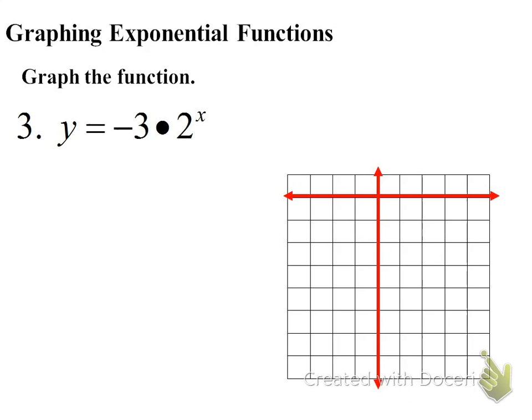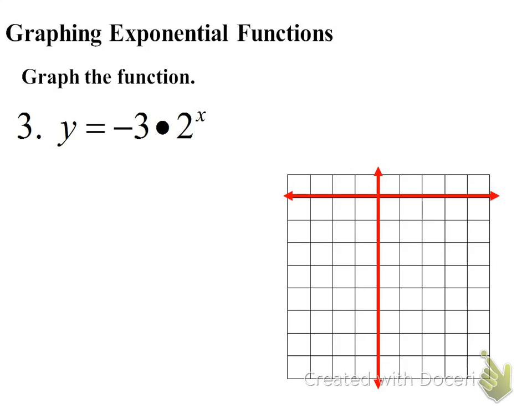All right, here's another one. Do we have an A value here? Yeah. What is it? Negative 3. Negative 3. This one's a little easier to see that we do have an A value and it is negative, so all your outputs should be negative.